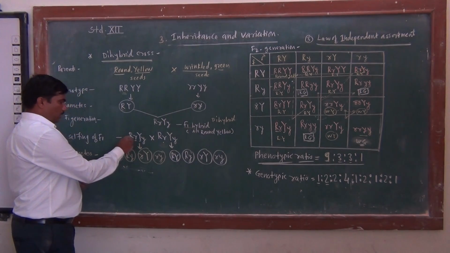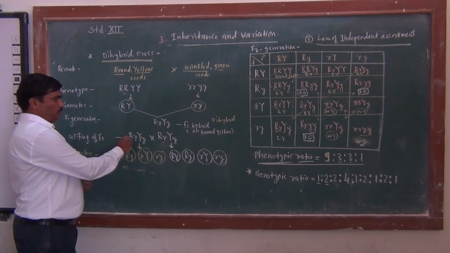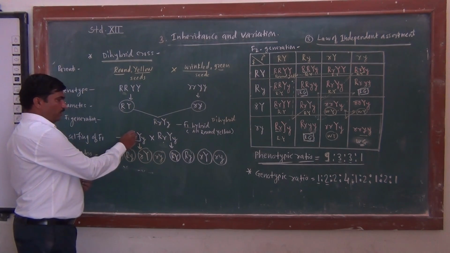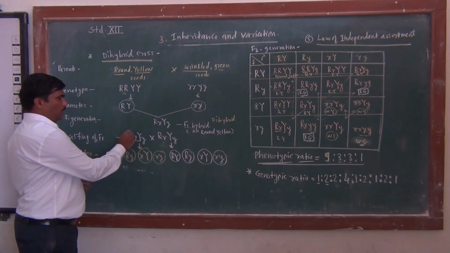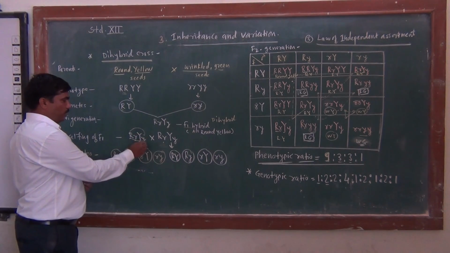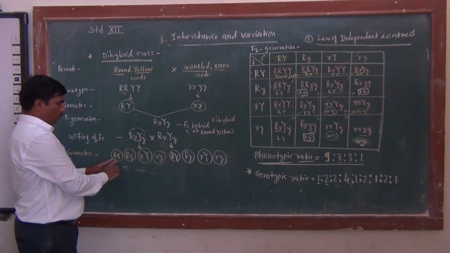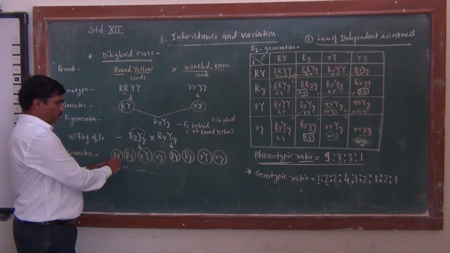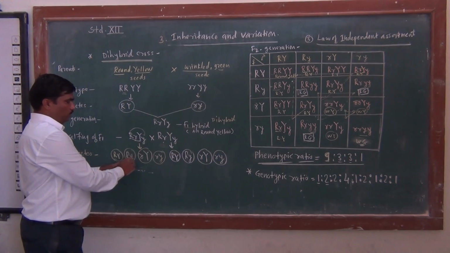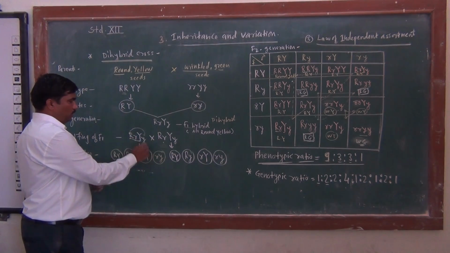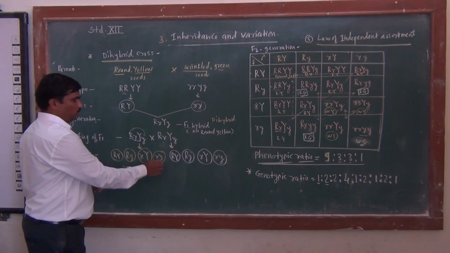The assortment means the distribution of gametes is independent of each other. So capital R can distribute with capital Y or with small y. Different gametes are formed: capital R capital Y, capital R small y, small r capital Y, small r small y.